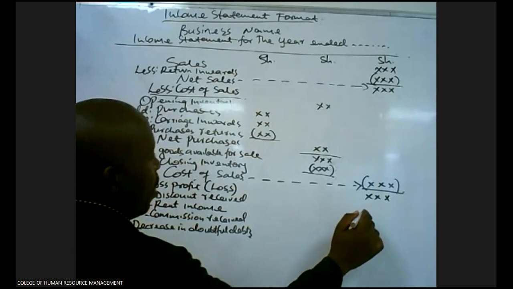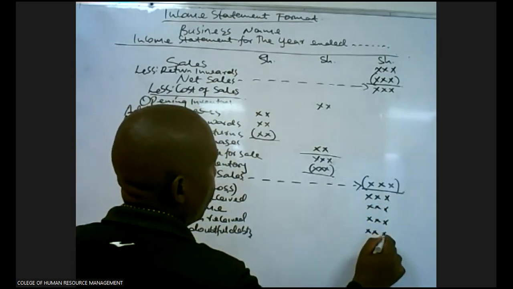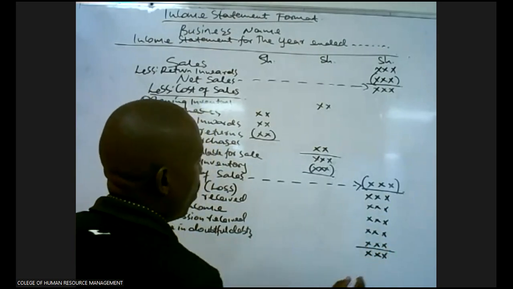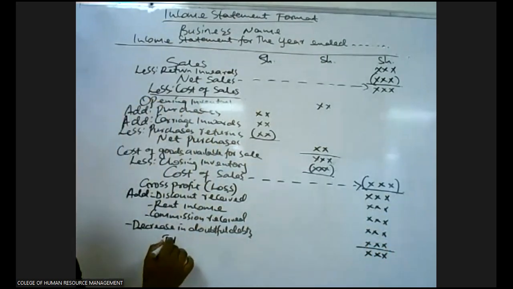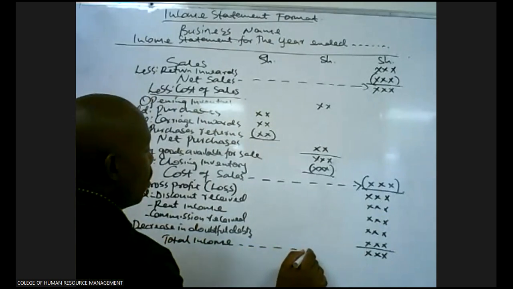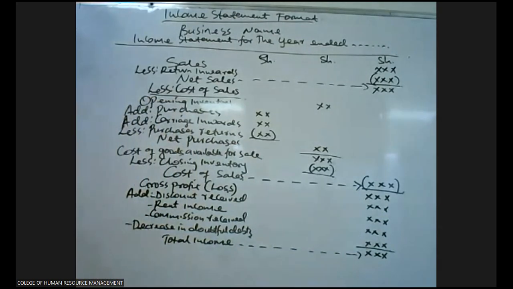So you come and add them there. That gives you your total income. From the total income, now you come here and deduct expenses.